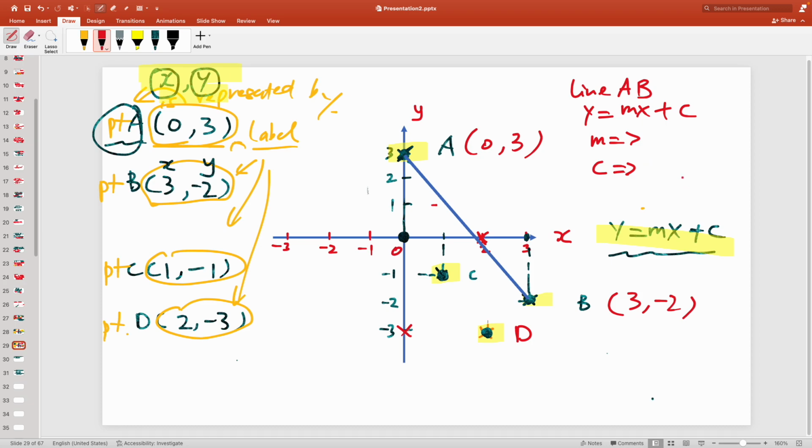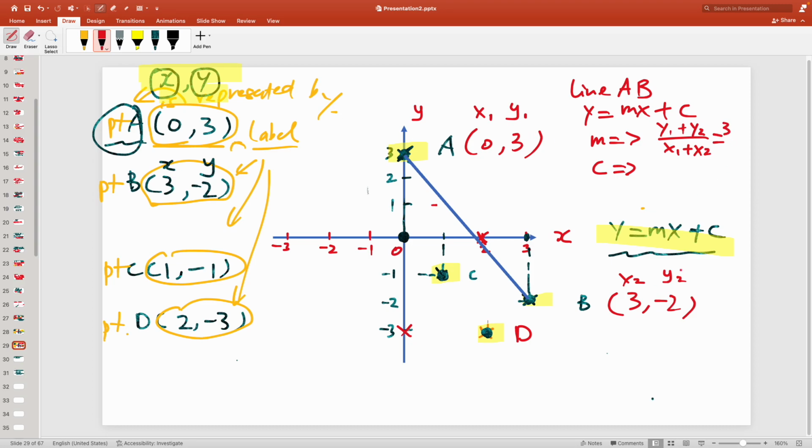How do you find m? m is given by y1 minus y2 over x1 minus x2. So this is your x and y, right? If this is your x1, this is your y1, this is your x2, this is your y2. Which one is your y1? y1 is 3.